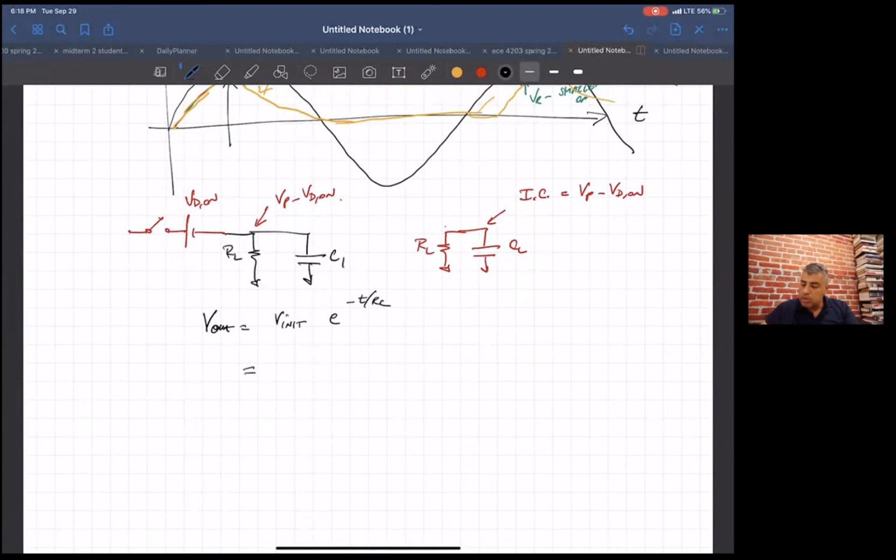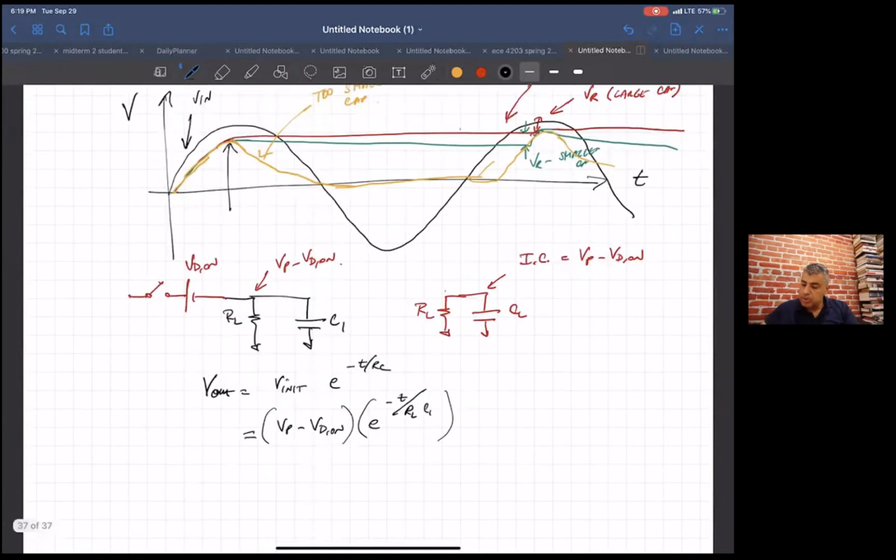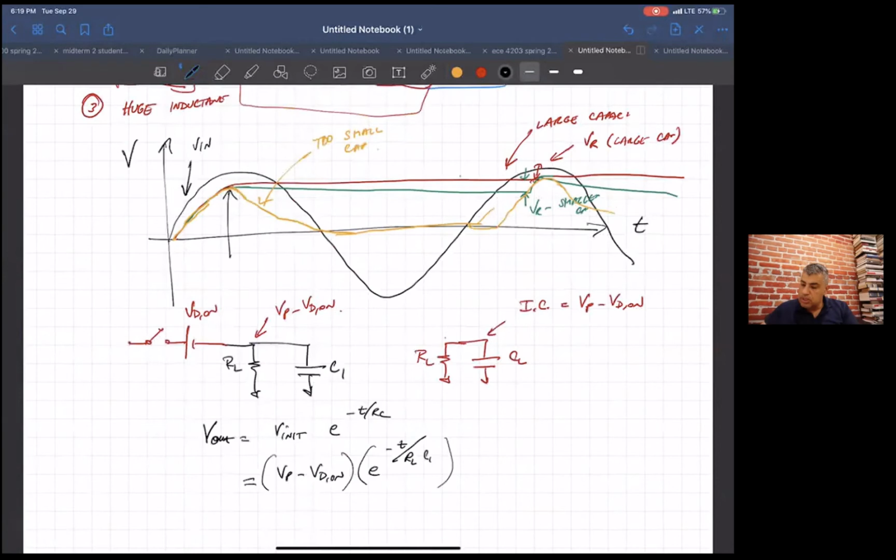So it looks like VP minus VD on times e to the minus t over R sub L C sub 1. So this is the equation for these curves coming down as a function of time.